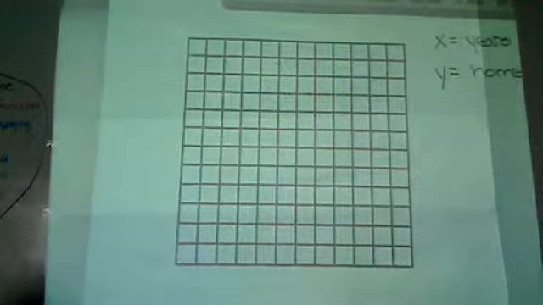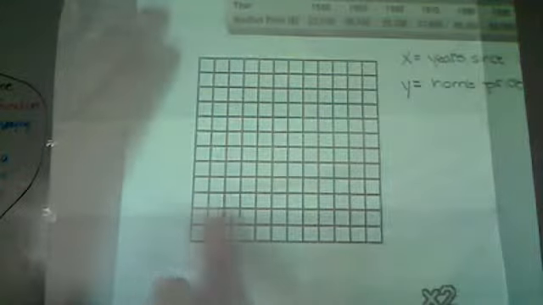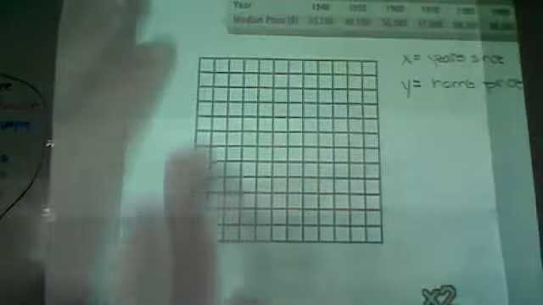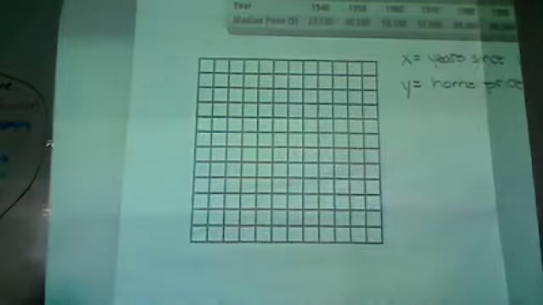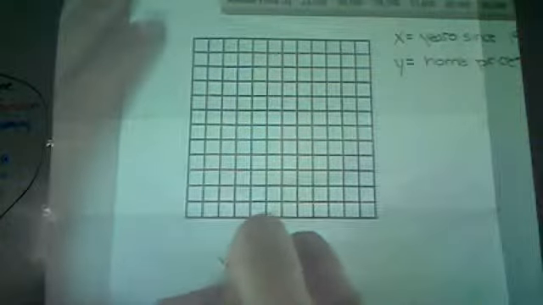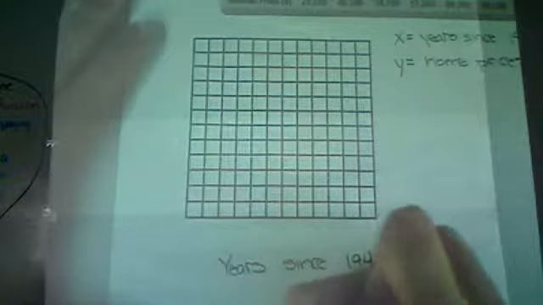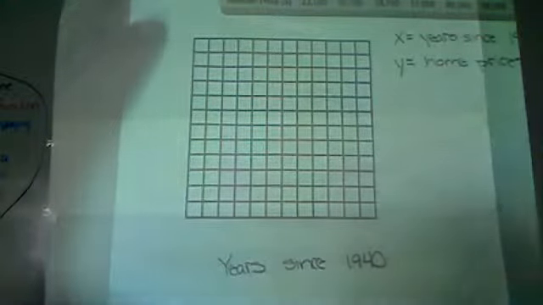So let's look at our chart. Here's where we're going to create our scatter plot. Remember that independent variables, the x's, go this way, and the dependent variables go this way. So I'm going to list years since 1940. That's what's going to be my x-axis.